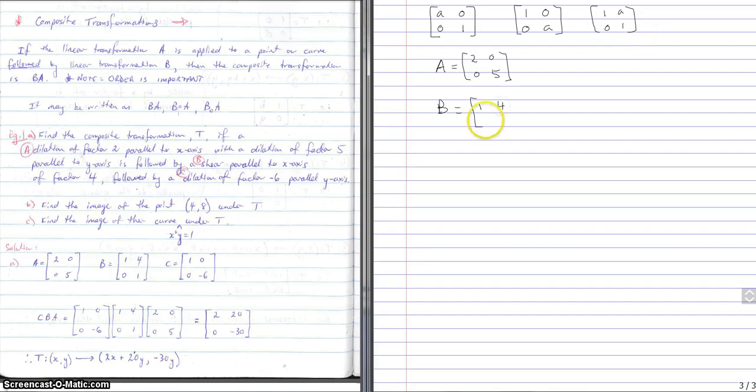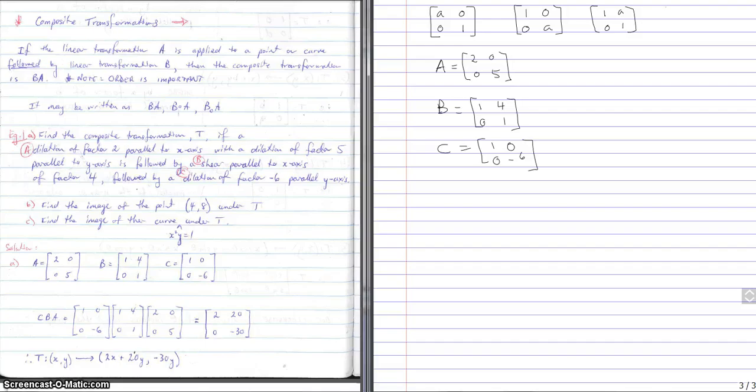So we've got a 4 there in place of the A. And then for C, we've got a dilation of factor -6 parallel to the y-axis. So here we are using this one again. So C will be 1, 0, 0, -6. And what we're looking at is a combination of all three of those.